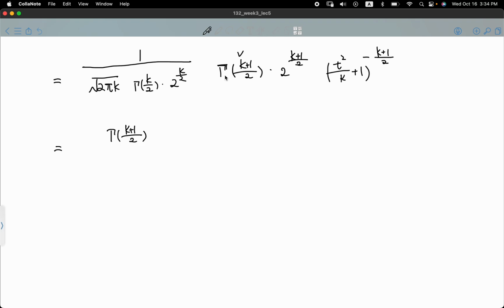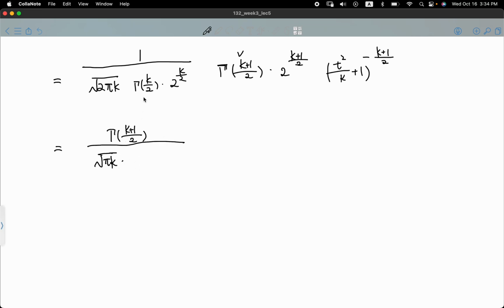I see. Okay, so place it here, and then you will have a square root of pi k. So this 2, you have 1/2, 2 raised to the power of 1/2, and you have 2 raised to the power of k over 2. Together you have 2 of k plus 1 over 2, and it cancels out with this, so you are only left with pi k.